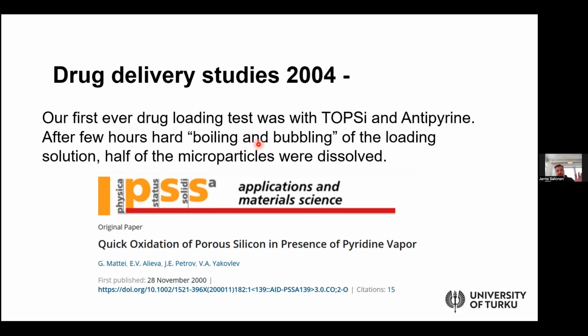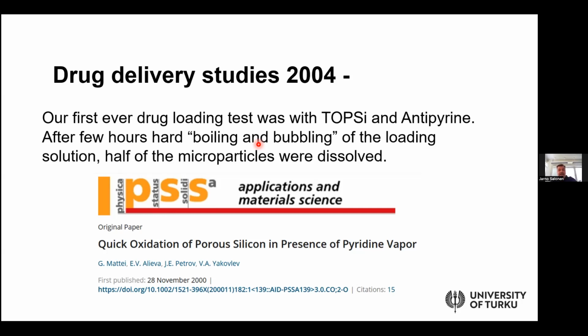But the first ever drug loading test we did was with thermally oxidized porous silicon and antipyrine. And it failed really badly. After a few hours of loading, the solution was boiling and bubbling, and half of the microparticles were dissolved in the solution.